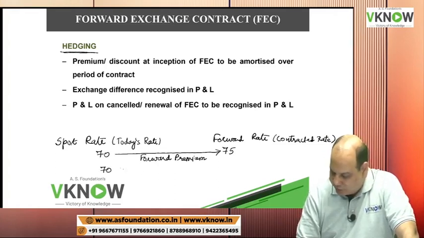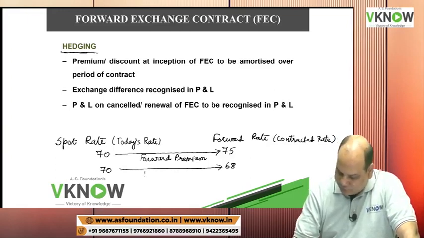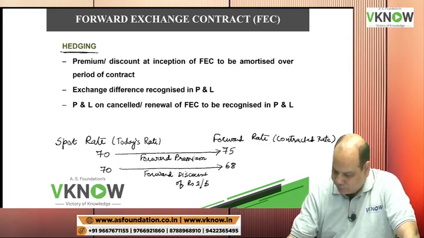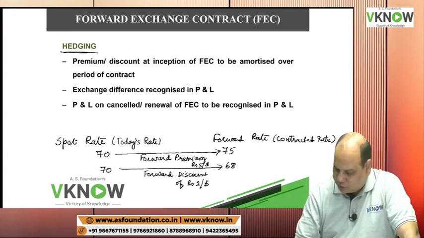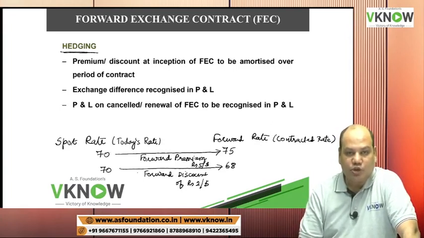Today's rate is 70 and forward rate is 68. This is called forward discount of rupees 2 per dollar. This is forward premium rupees 5 per dollar. Both are possible.